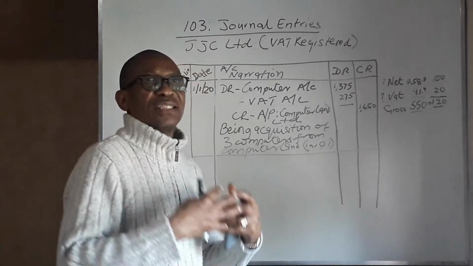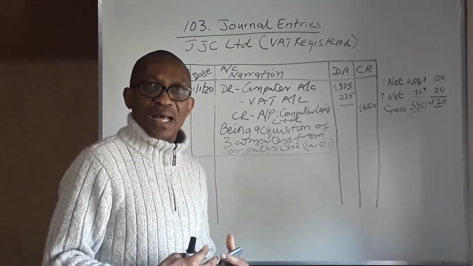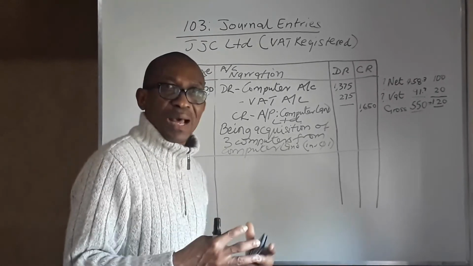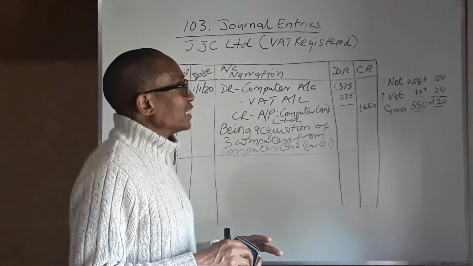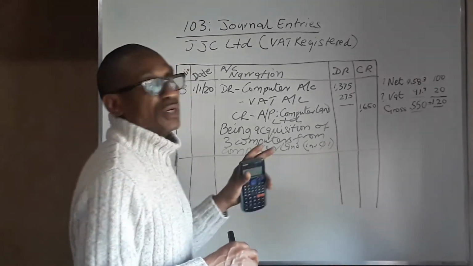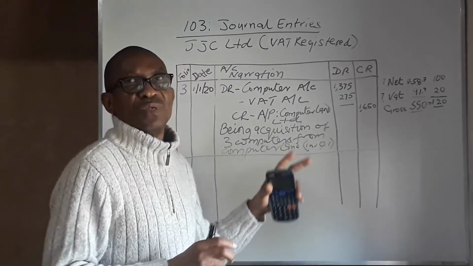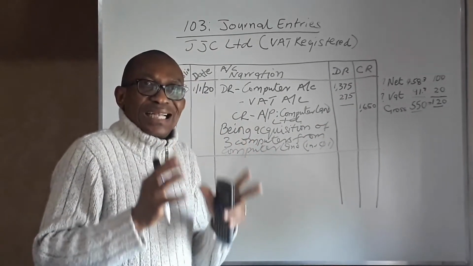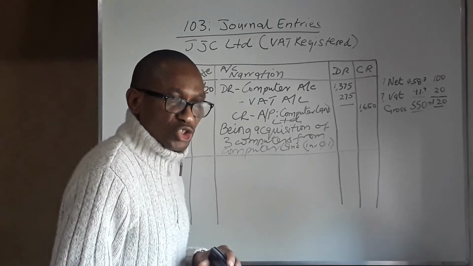It's either we are settling, paying the supplier, or receiving from our debtor. So we don't need to break down, analyze anything, because we don't need to find out the VAT. It's only when it is bank payment or bank receipt that we need to analyze that, because these two are primary transactions.